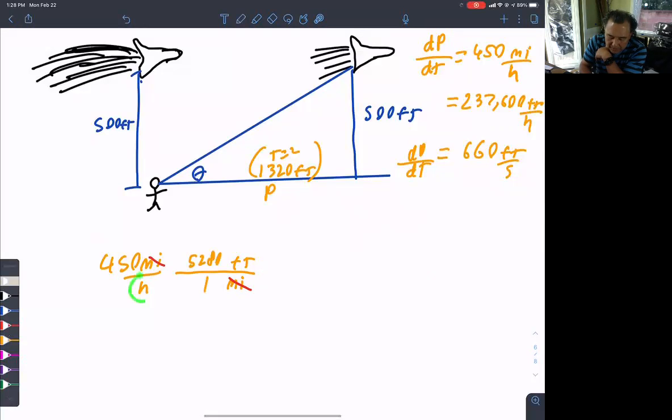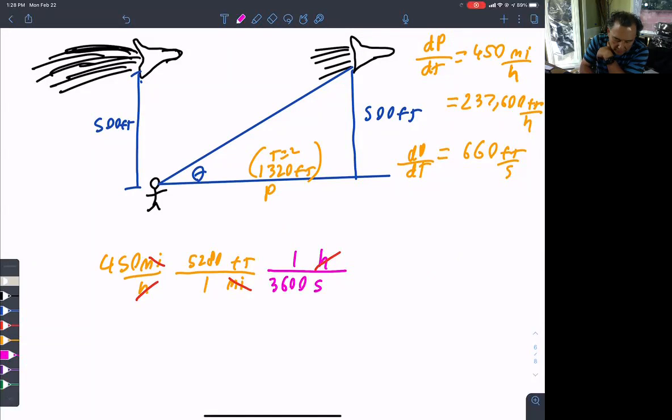Next, on the bottom, I don't want hours, I want seconds. So here I want seconds on the bottom, and I want hours to cancel out. So I put hours on top so that they cancel. And what's the conversion? 1 hour is 3,600 seconds.